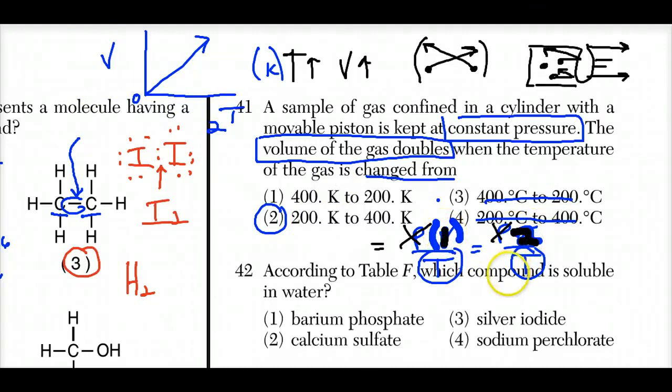When the temperature does what? Well, think with me. 1 to 2, so this would have to be a 1, and this would have to be a 2, since they're equal to each other. So as the volume doubles, so would the temperature, and you could solve for that. But again, the direct proportion that we learned already should be the key, and again, it's based on Kelvin temperature. Choice 2.